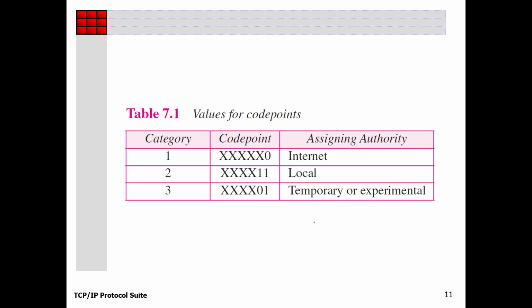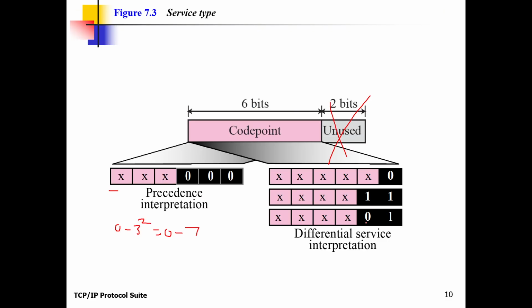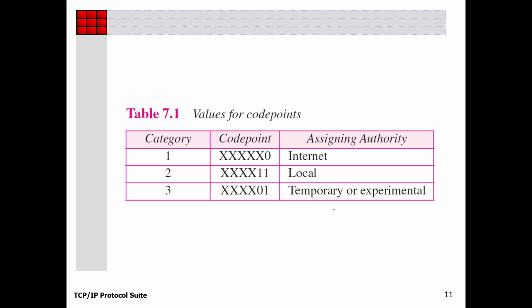Let's take a look. If you have the category 1, 0 regardless of the value, then this is internet. 1, 1 in here will be local, and 0, 1 is temporary or experimental.